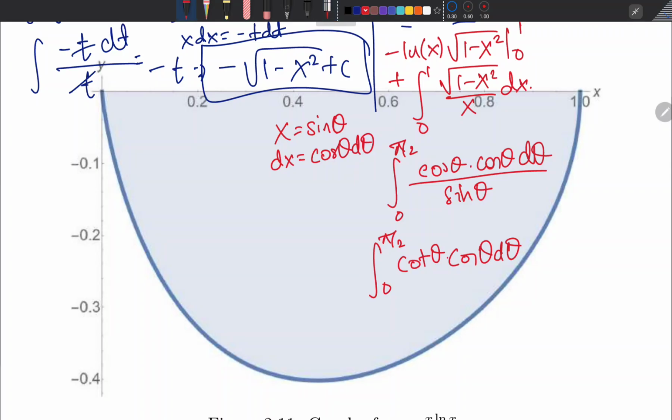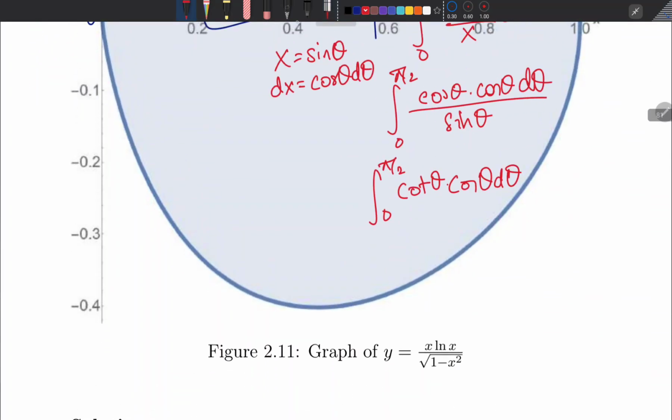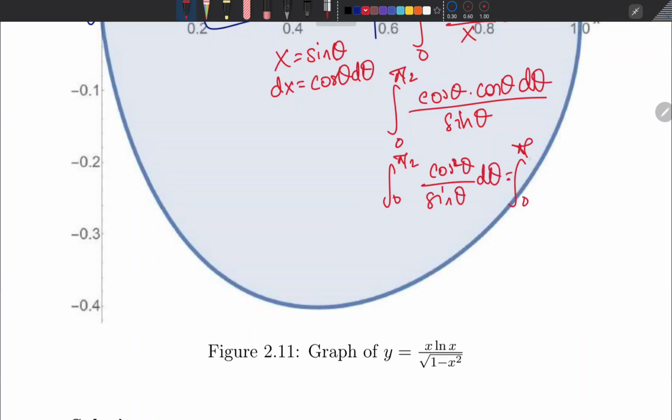Okay. And now what we can do here is, let me just erase this. Now we have integral from 0 to pi over 2 of cosine square theta over sine theta d theta. This can also be written as 1 minus sine square theta over sine theta d theta.